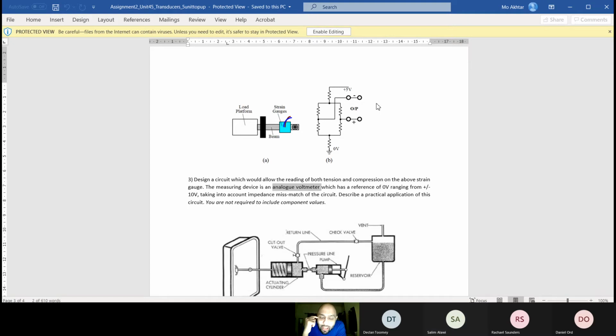Remember this, guys, because I had all these practical lessons set up for you to do in the lesson, but it's not particularly hard. It's just an amplifier and a buffer. What the amplifier does is amplify the signal. What the buffer does is match the impedances, because it says here an analog voltmeter.